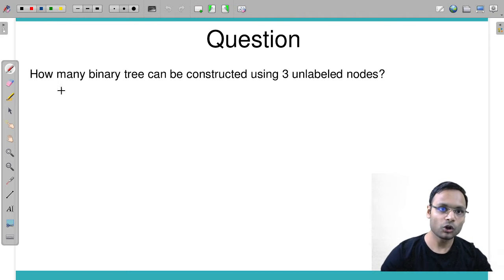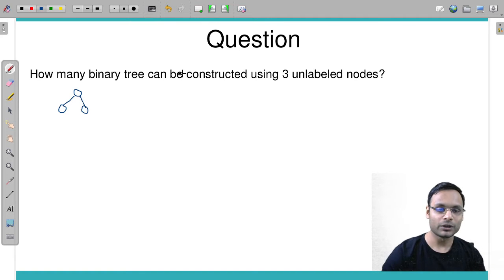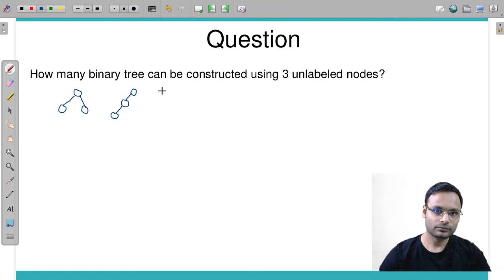So let's try to draw. If I want 3 nodes, one kind of tree you can have is this one, then one kind of tree you can have this one, then this one, then one other tree this one, and another tree this one.